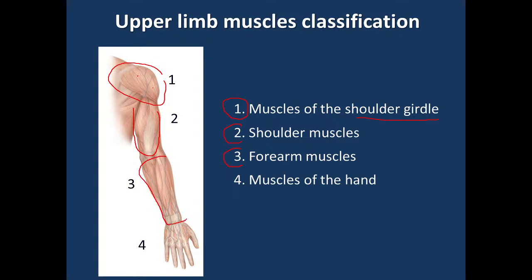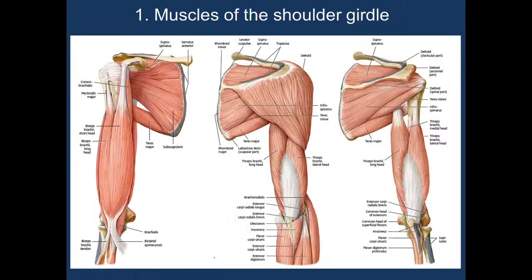This part is forearm, but you see the tendons of forearm muscles come to the hand, anteriorly and posteriorly. And the fourth group is the muscles of the hand. What kind of muscles of the shoulder girdle can I demonstrate to you today?